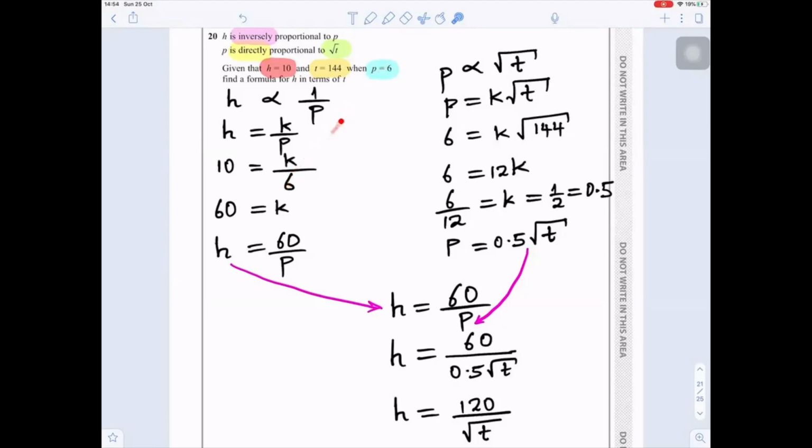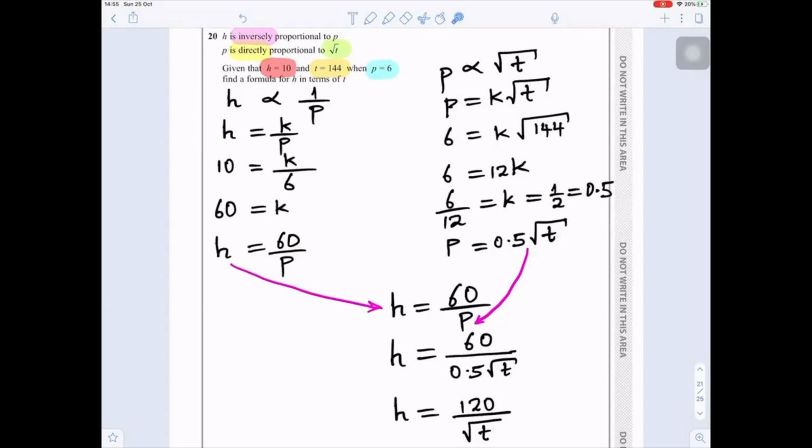Sub in 6 for P and 10 for H, and you can work out K. 10 times 6 is 60. So that gives K to be 60. If K is 60, you can write the equation as H is equal to 60 over P for that first part.